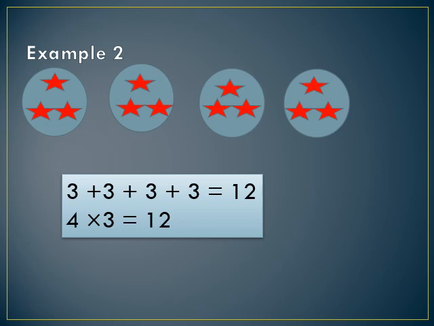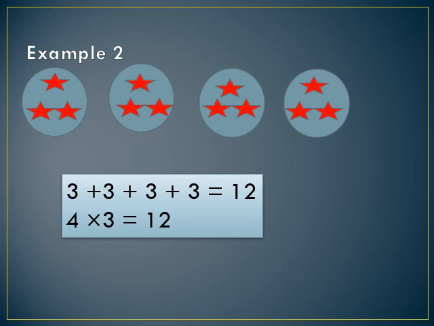Now, let us look at another example. There are 4 boxes and there are 3 stars in each box. So, how many stars are there in all? Children, to get the total number of stars, we add the number of stars in all the boxes.